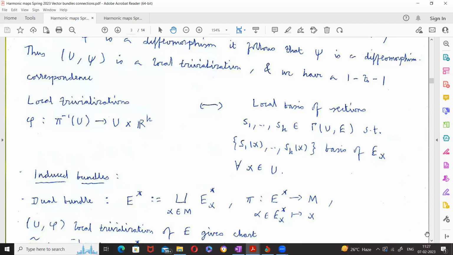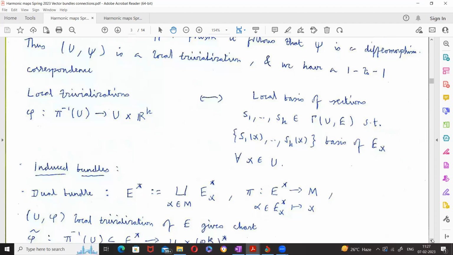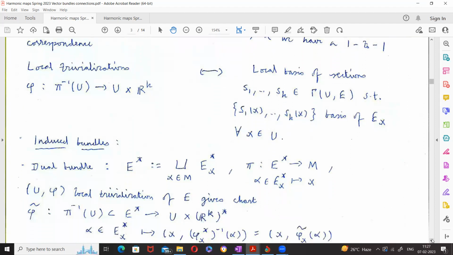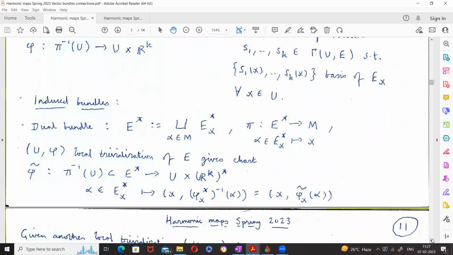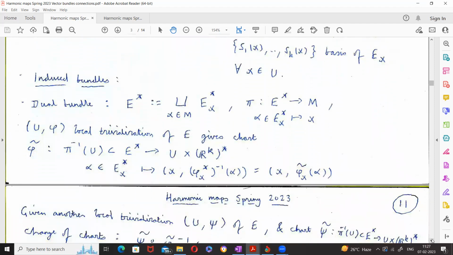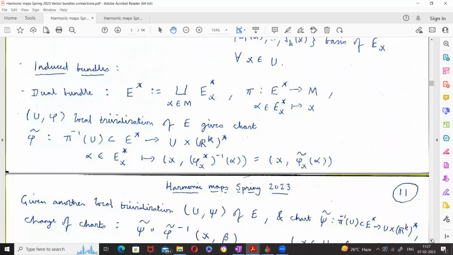Okay. So once you have one vector bundle, then like we saw from the tangent bundle, we could define the cotangent bundle, where each fiber is the dual of the corresponding fiber. So similarly, from a given bundle E, we can define new bundles. Certain bundles will be important for us.